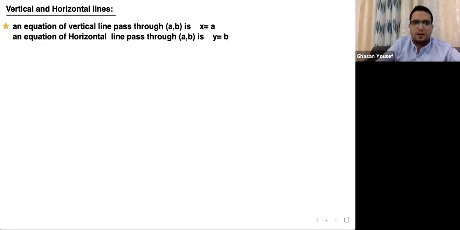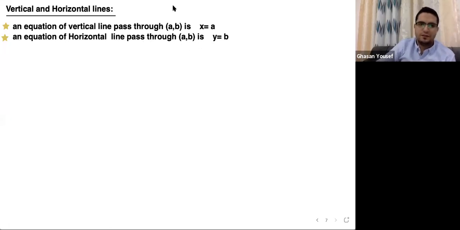So the vertical and horizontal lines have easy equations. We just have to know which point the line passes through. If the point is (A, B), the vertical line has equation x equal A. If the line is horizontal, the equation is y equal B.